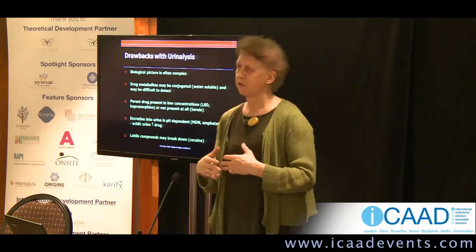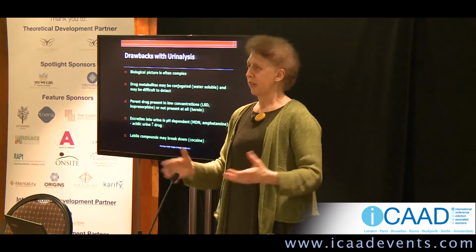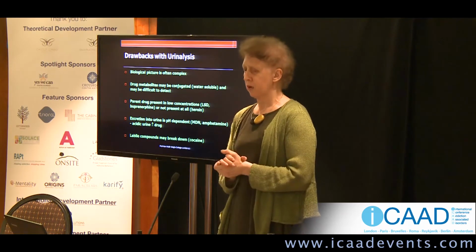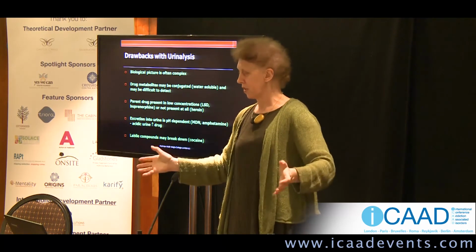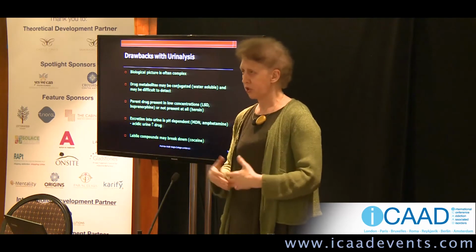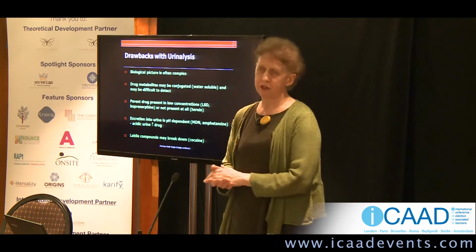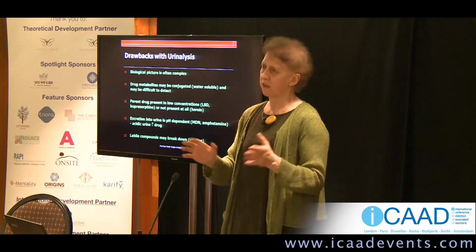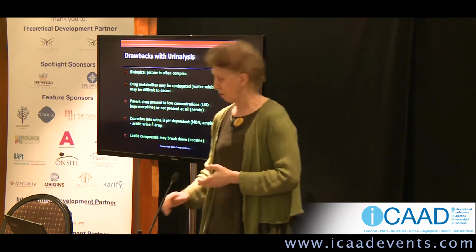Cocaine, interestingly, is very labile, so if we collect a sample and leave it on the bench, allow it to be exposed to sunlight or particularly warm temperature, then cocaine will break down into its metabolite BZE. So we have to be careful in how we store and transport our samples as well.